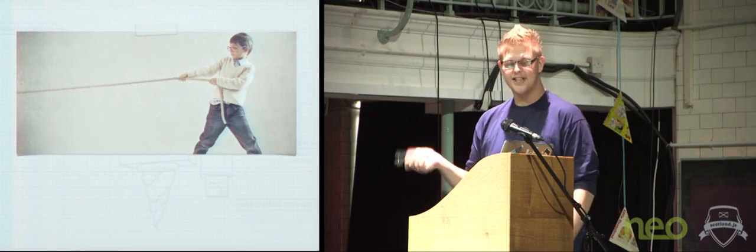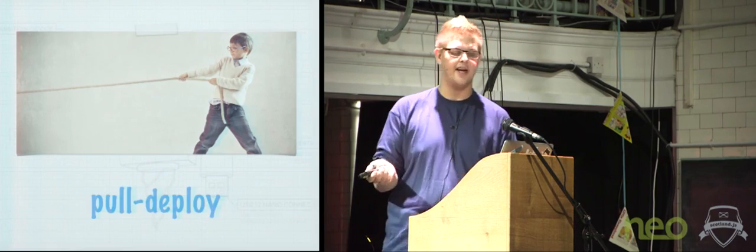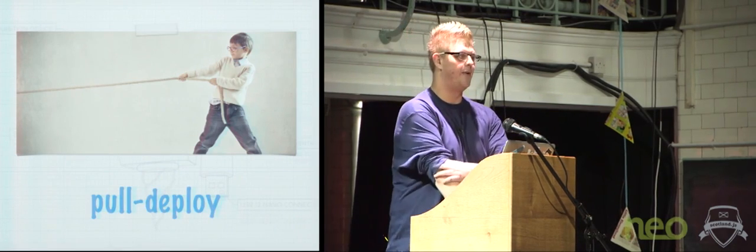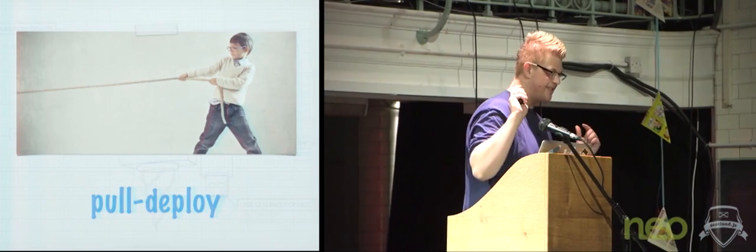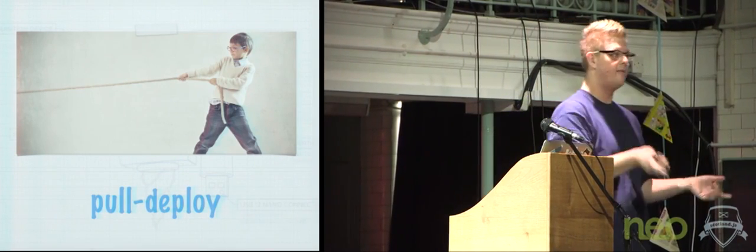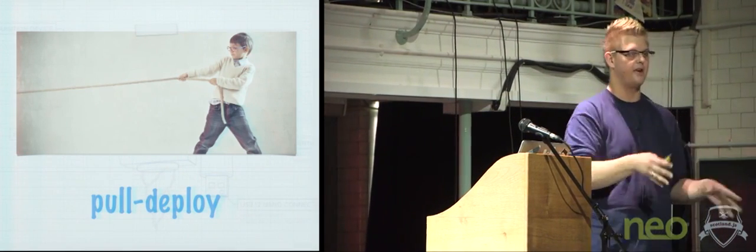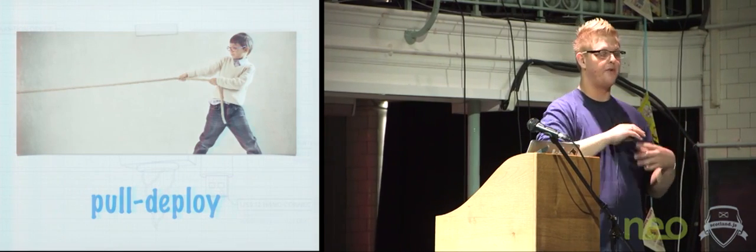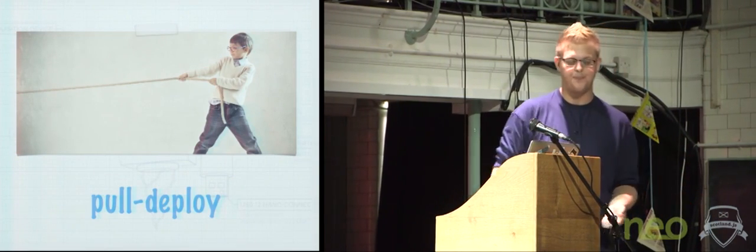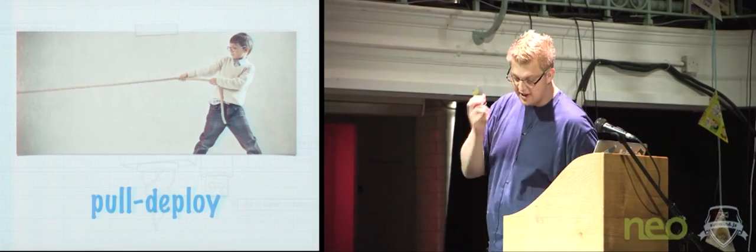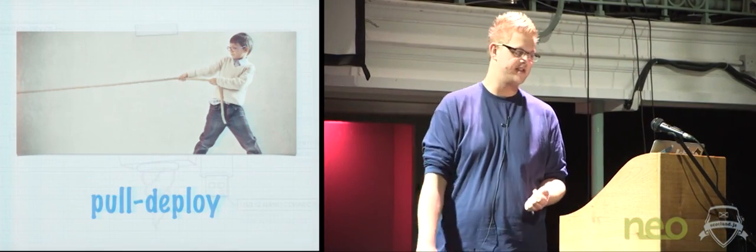What's actually the better way is pull deploy. Even the hubot script I showed you is push. There's this single hubot instance which pushes the code or triggers the deploy. This has lots of disadvantages.